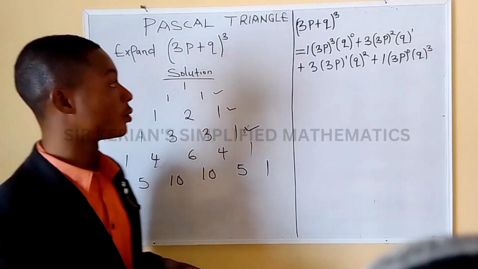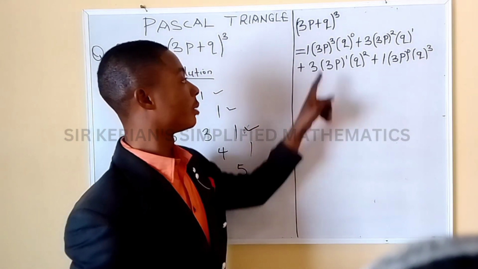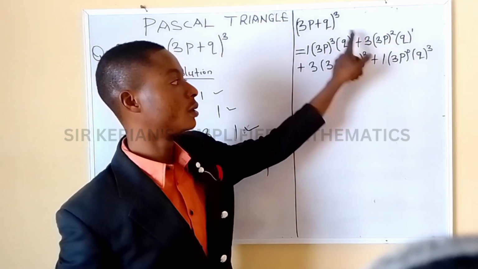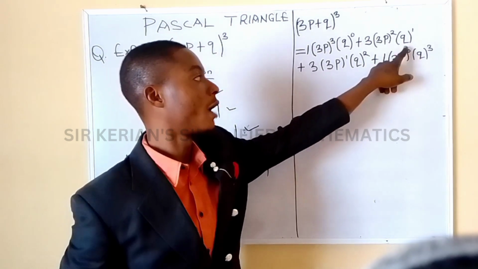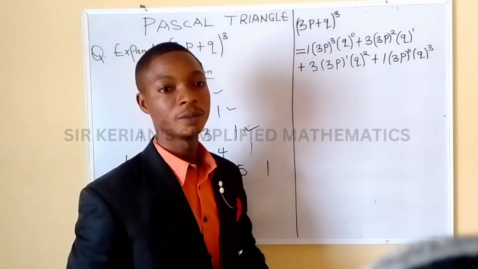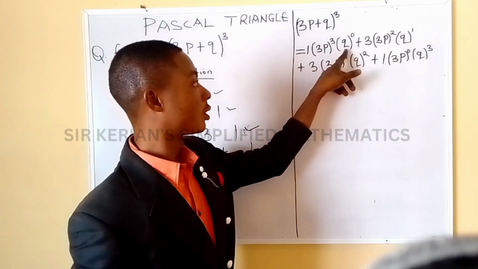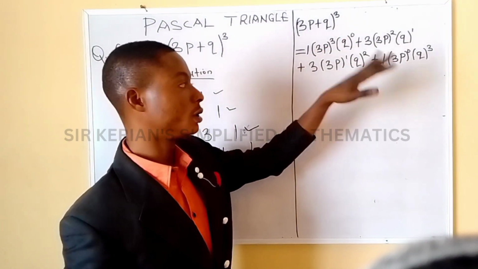Just look at it very well: from the beginning, 3p has a power of 3 and q has 0. The last term, 3p has 0 and q has 3. So as the power of the first term is decreasing, the power of the next term increases.